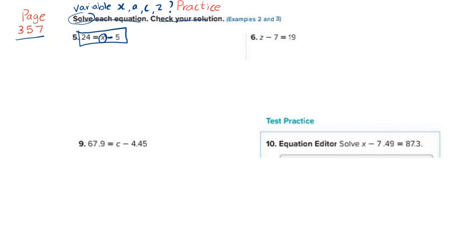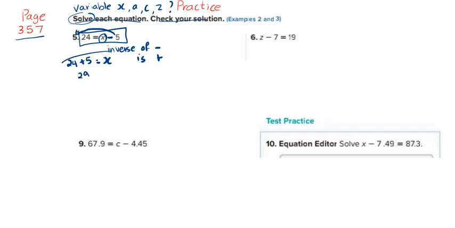So we know there's a subtraction involved here, and we know the inverse of subtraction means we're going to do addition. So we're going to add this 5 to the 24 because we are finding x. So x will be 24 plus the 5 because it's the opposite of minus, which means it's going to be 29.